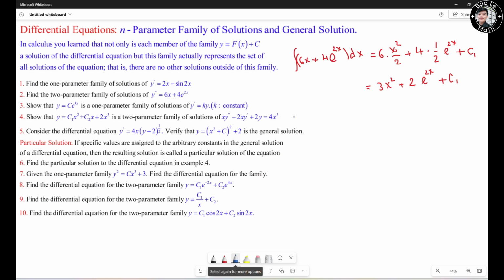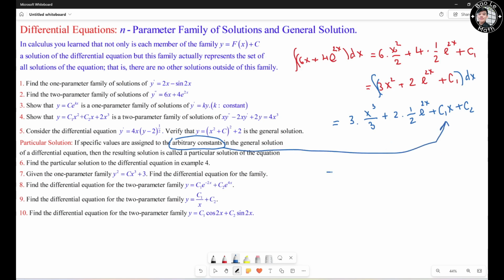Now next, we're going to take the antiderivative of this one more time. So it's going to be 3 times x cubed over 3, plus 2 times 1/2 e to the 2x, plus, this is a constant, so when you integrate it, it turns out to be c1 x plus c2, where c1 and c2 are arbitrary constants.